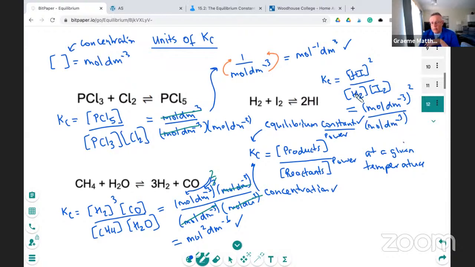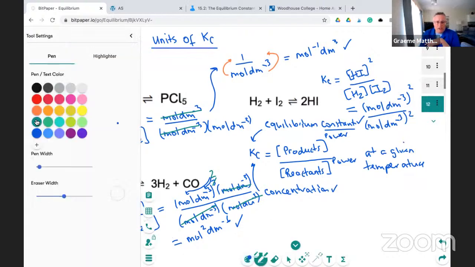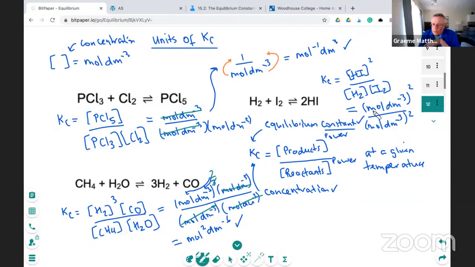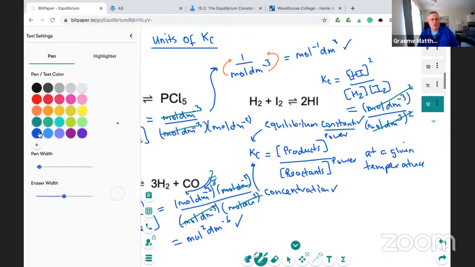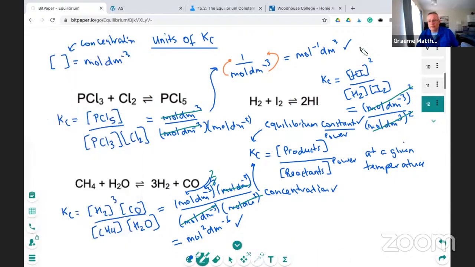All right, so 1 mole per decimeter cubed for hydrogen, 1 mole per decimeter cubed for the iodine, this is going to be squared. And so if I change pen color to green, then you find out that the moles per decimeter cubed squared cancels out with that. And you go, well, that's odd. Well, what do I write down? Well, you write down it's unitless. So yes, unitless.